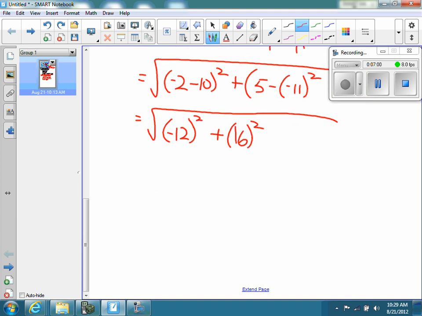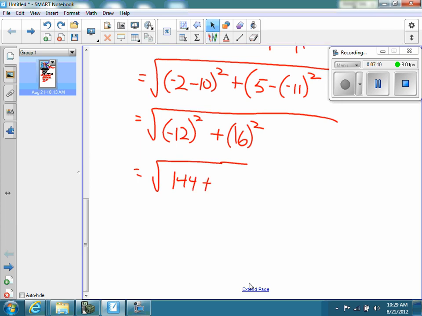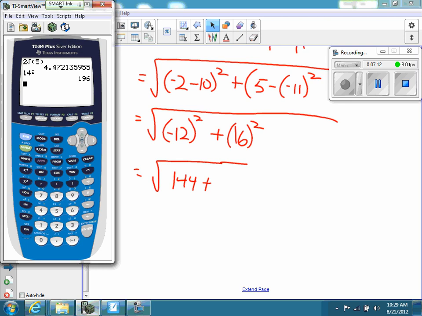I know that 12 squared is 144, but I don't know what 16 squared is, so I'll do it on the calculator. 16 squared is 256. Wow, that's a big number. Plus 256.